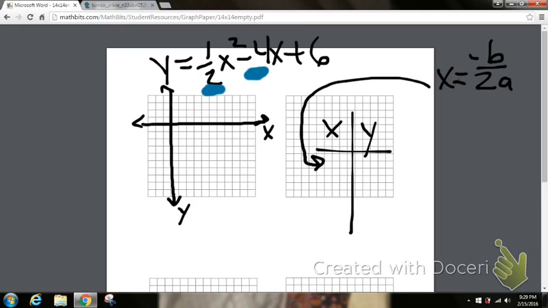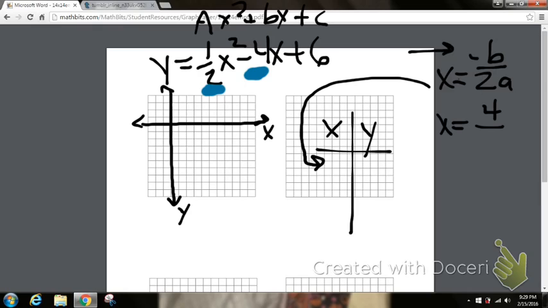So if this is ax squared plus bx plus c, then our b must be -4. Now, notice in the equation this is the opposite of b. So if b is negative, like in this case, this is going to be +4.